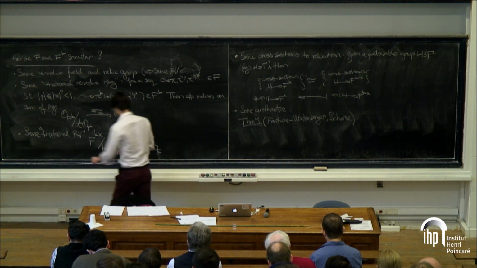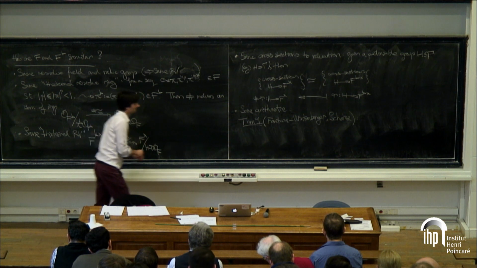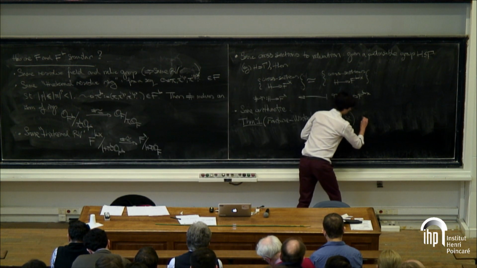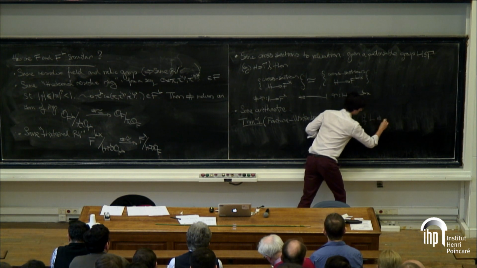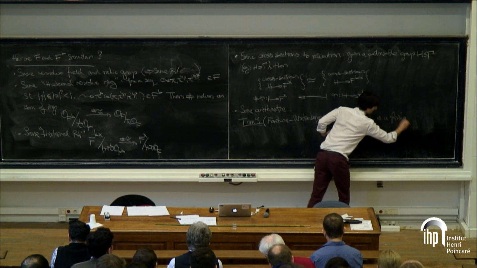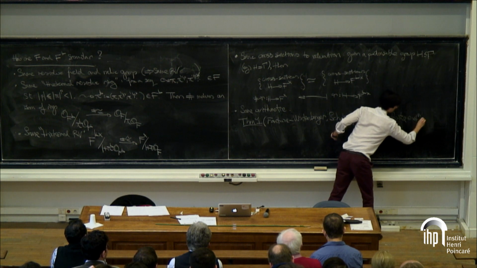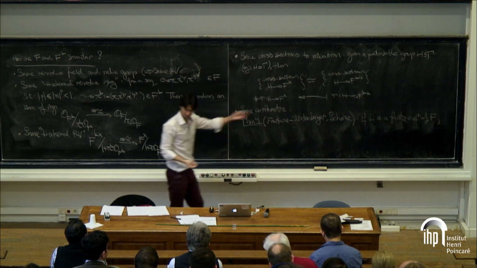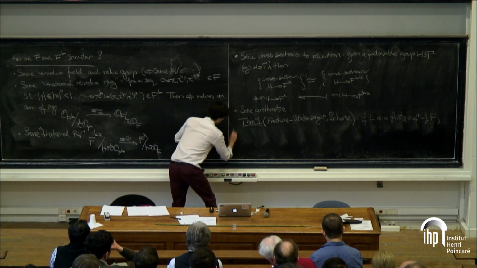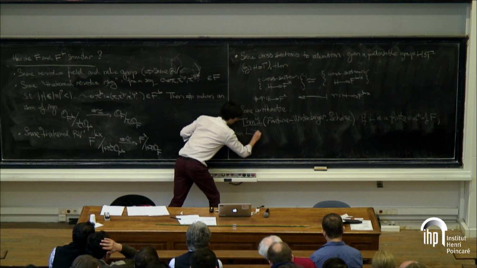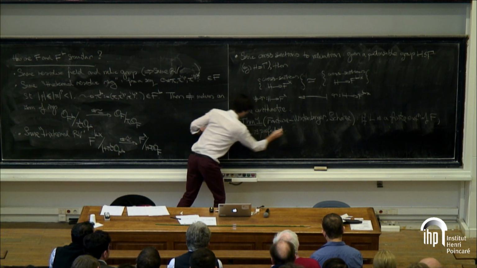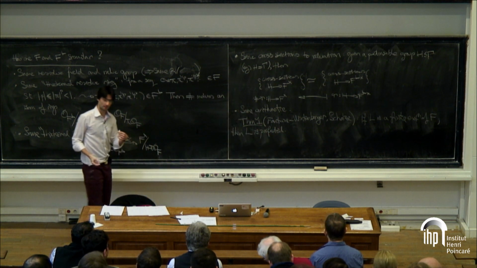So I continue to have my perfectoid field F, and it states that if L is a finite extension of F, well, then L is still a complete valued field. And the statement, which is already not so easy, is that this finite extension is automatically perfectoid.